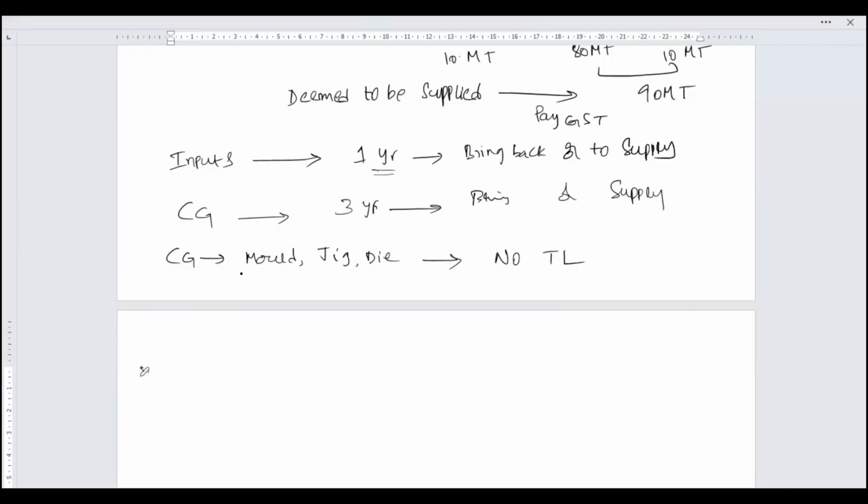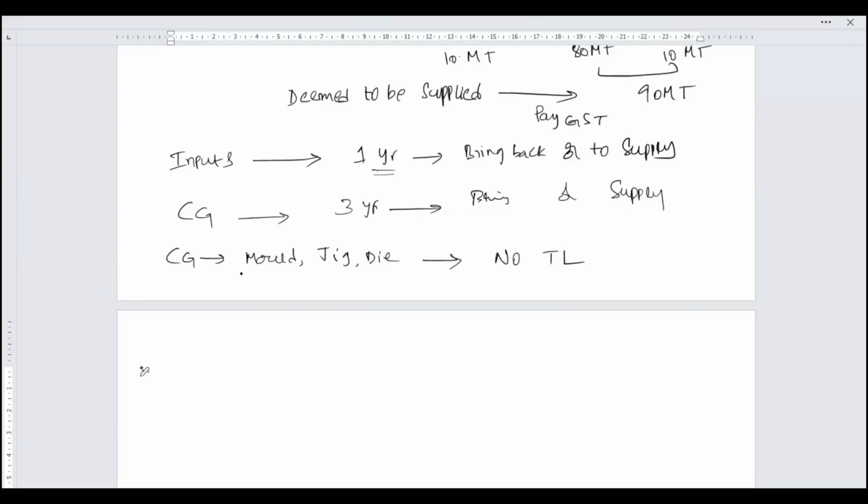Now this mold, jig, die. Now these are like, no, we say achu. No, that's the impression which gets created. Like say Maruti, Hero and all. When I want to manufacture a particular commodity, I need a particular shape. Like let's look at the car. The car has this bumper, the tail lamp. No, that shape, the design comes using a particular mold. These molds are supplied by the principal to the job worker to use in manufacture.